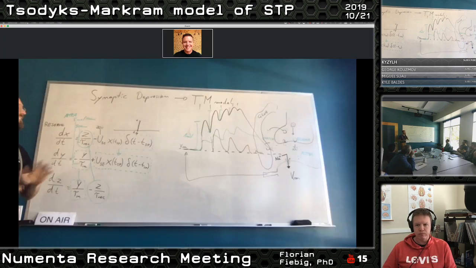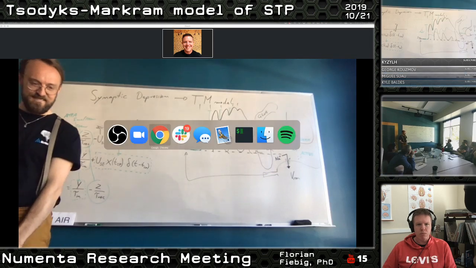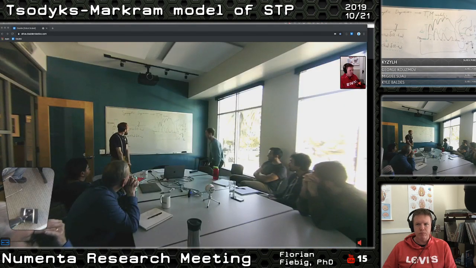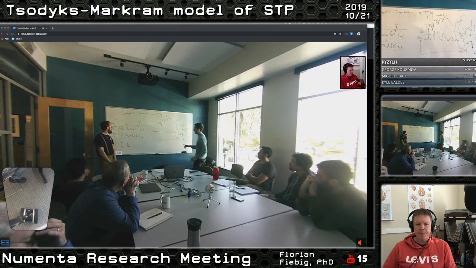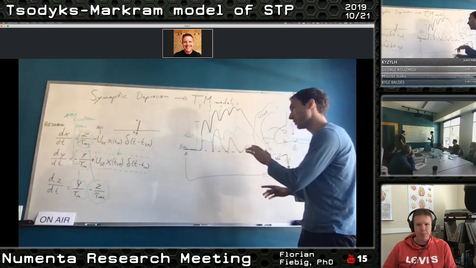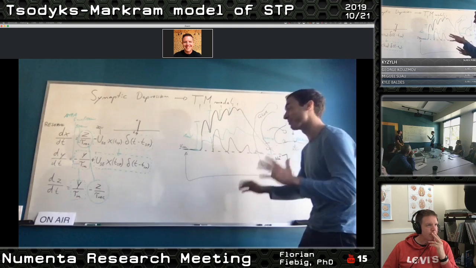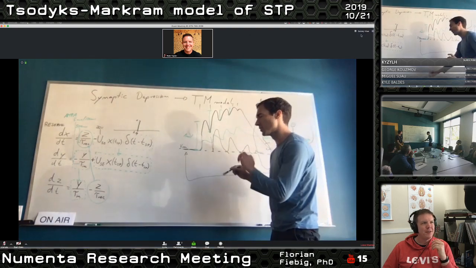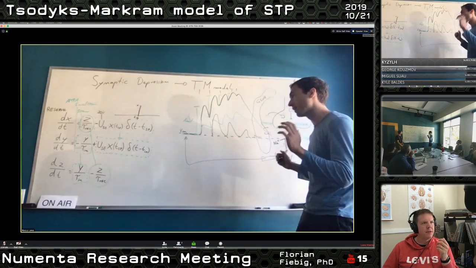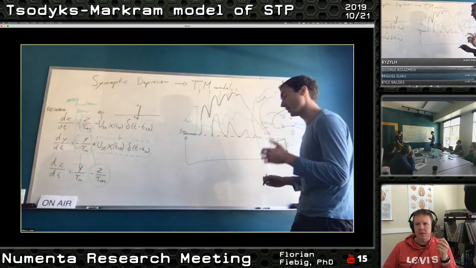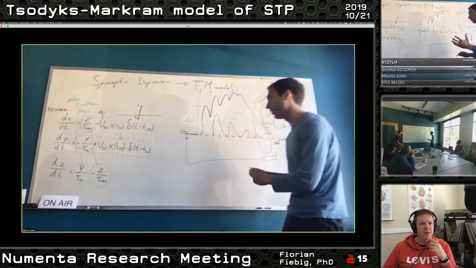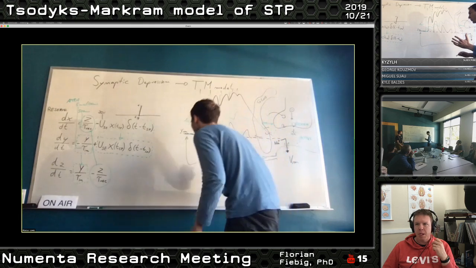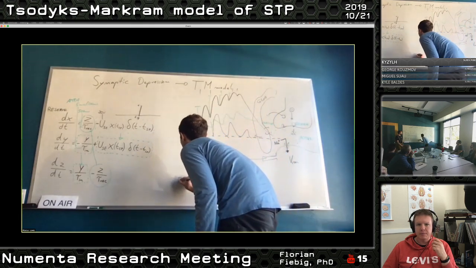So, can I ask something? Yeah. I want to see if I'm oversimplifying facilitation and depression by intentionally simplifying it to say, from an information processing standpoint, here's one narrative you could put on it. Let's see.